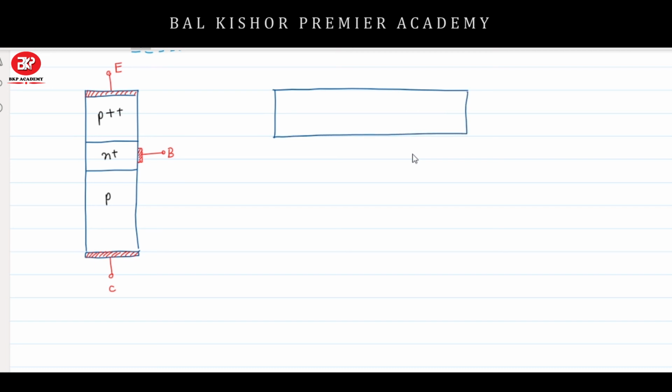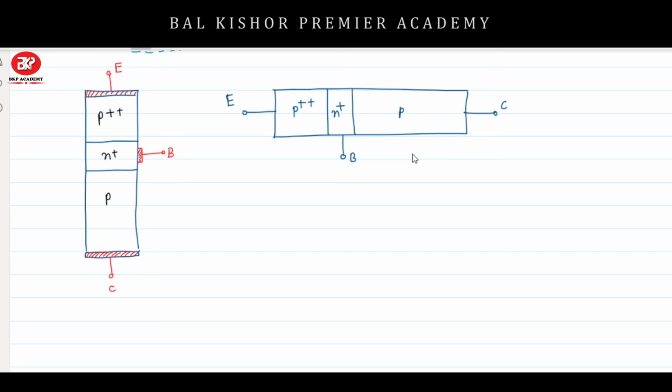This will be the emitter region, this is the base region, and here it is the emitter, this is the collector, and this is the base. So if I consider the PNP transistor, it will be P plus plus, this is N plus, and this is P. So this is the emitter, this is the collector, and this is the base.